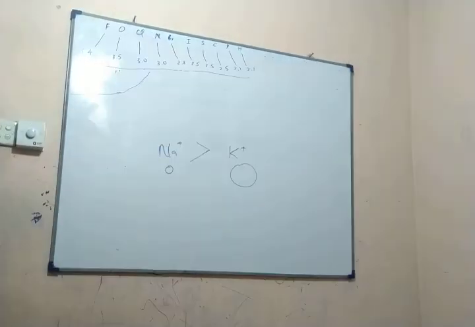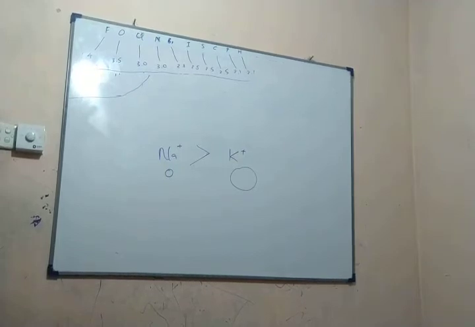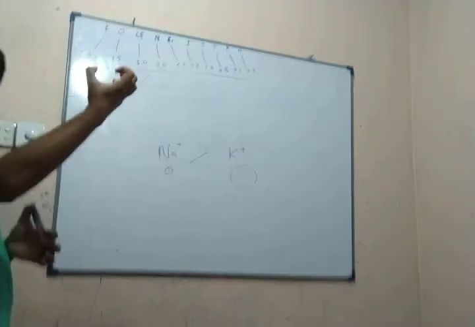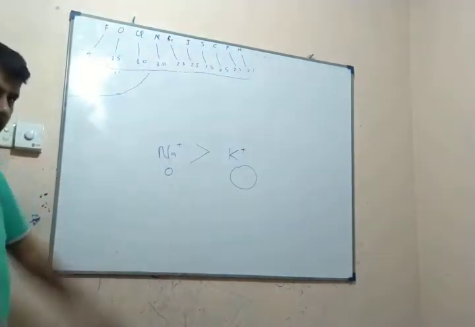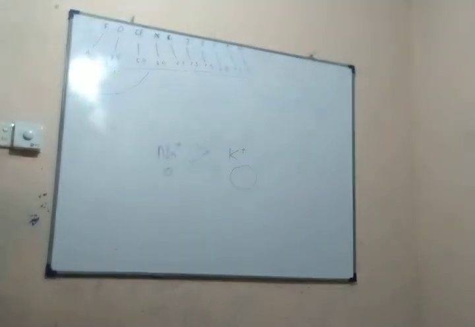Always, when the size decreases, electronegativity increases, right? Size decreases because the electron pair pulling ability increases with decreasing size. Okay, note it down.